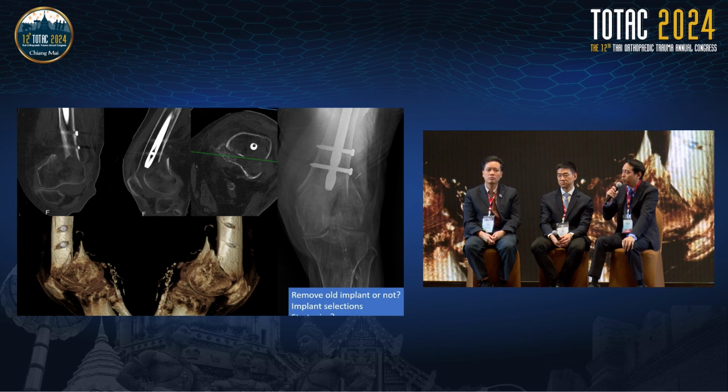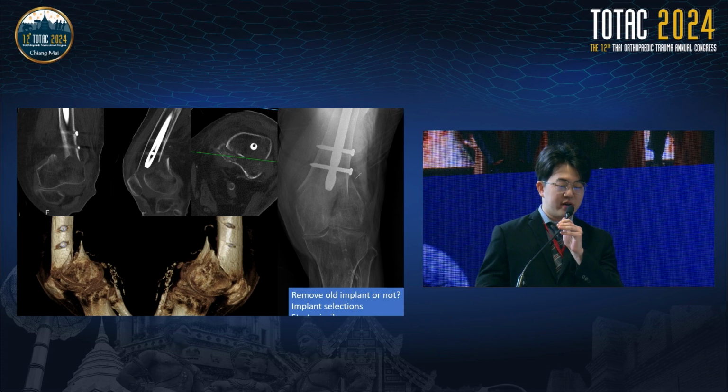For me, I will put the longest lateral plate possible, bend the plate proximally and put the screw from the GT to the femoral head instead. And maybe a medial plate at the distal if the screw fixation is not enough. That's my opinion. Thank you for the recommendations from the panelists.